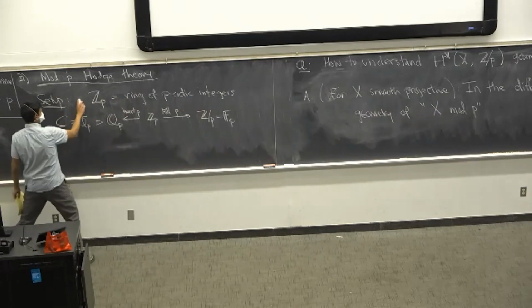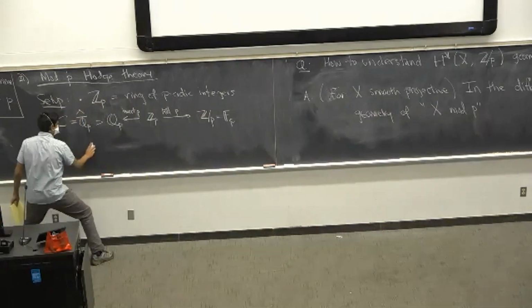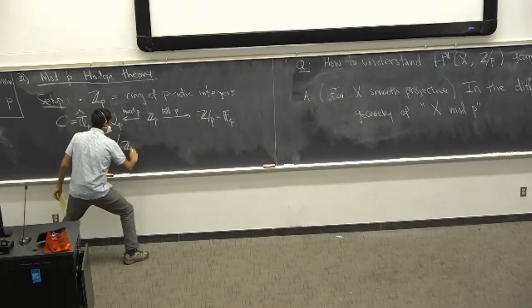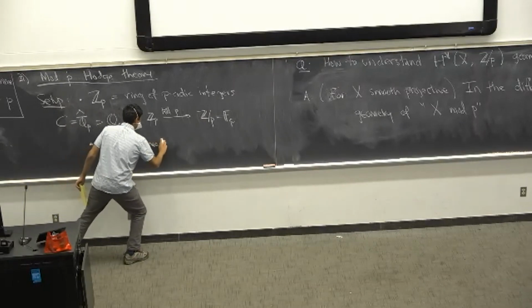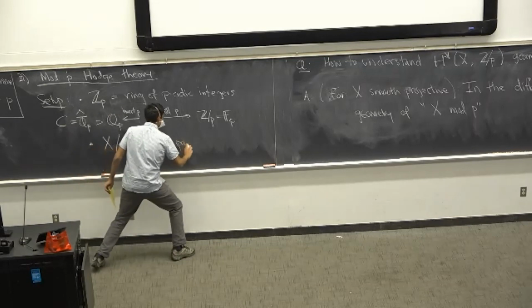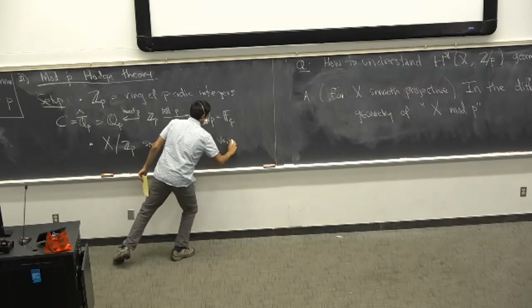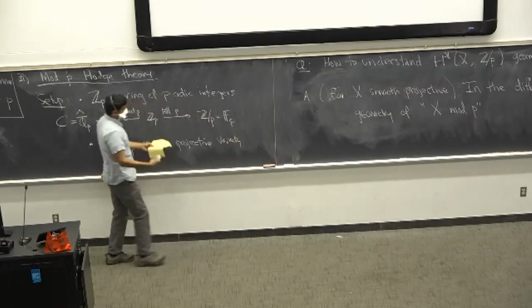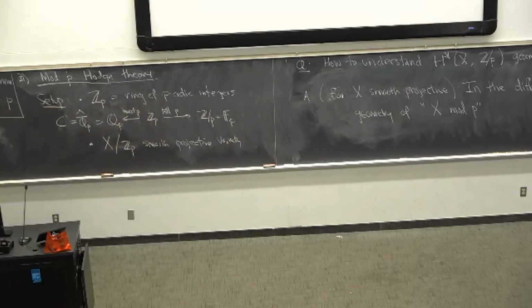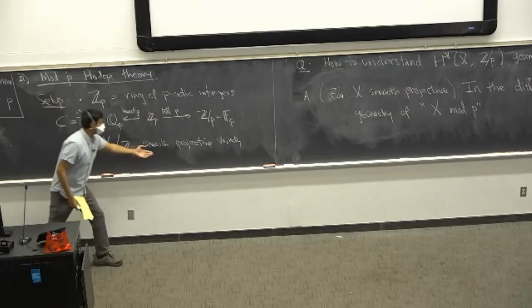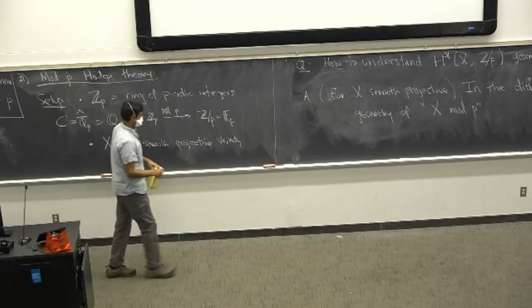Okay, so that's the first object, and then the second object is X. So X over ZP is a smooth projective variety. What this means is it is defined as a zero locus of a bunch of equations in projective space where the coefficients now come from ZP, and smoothness again is some kind of a non-degeneracy condition.